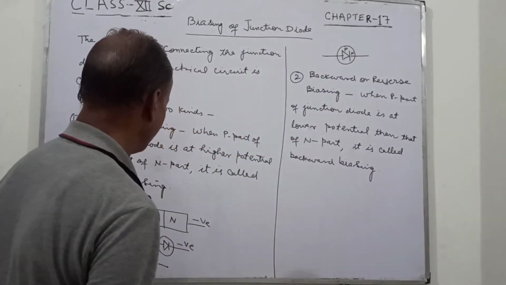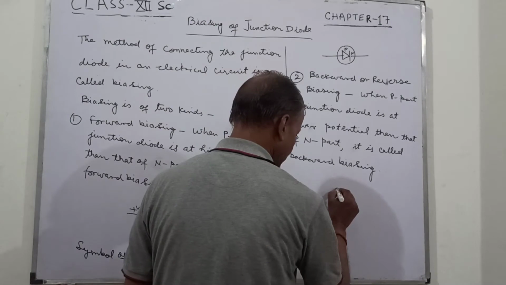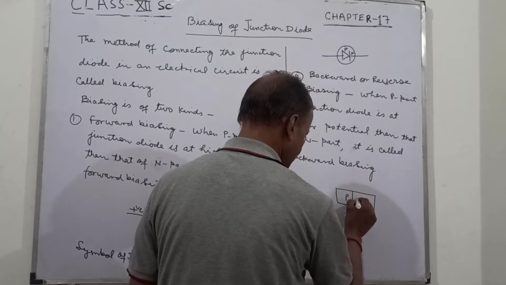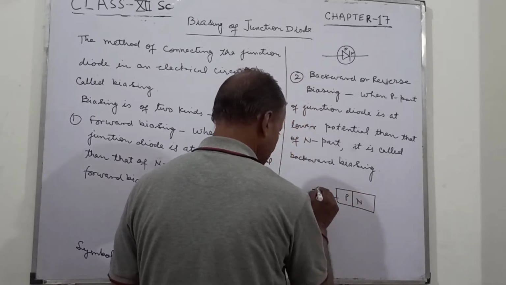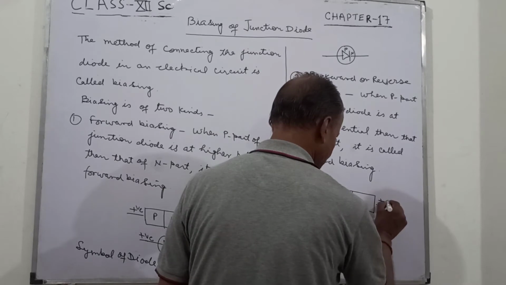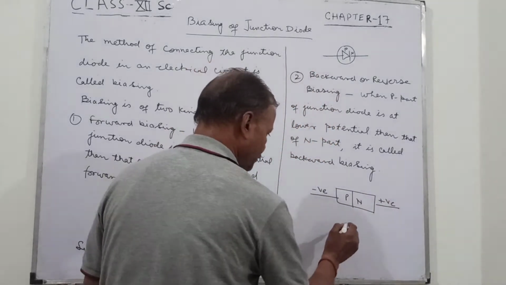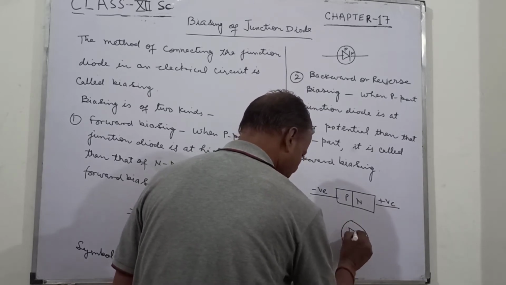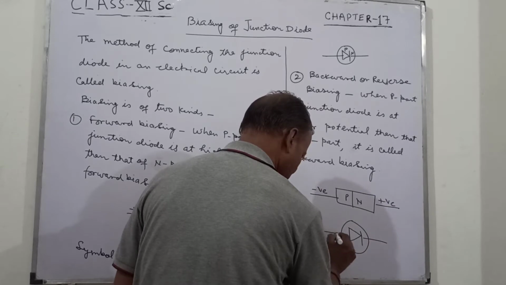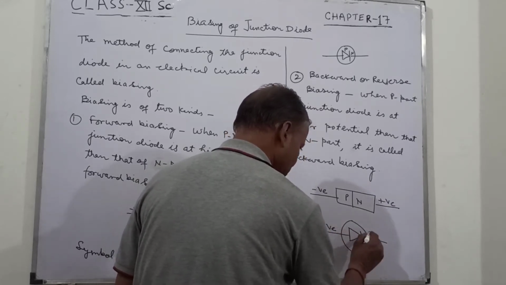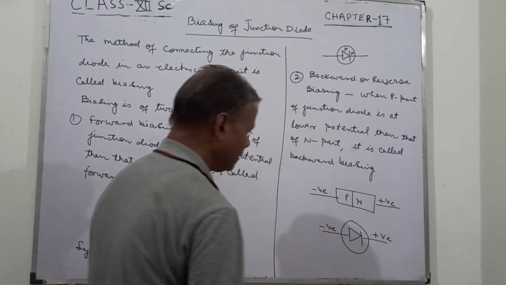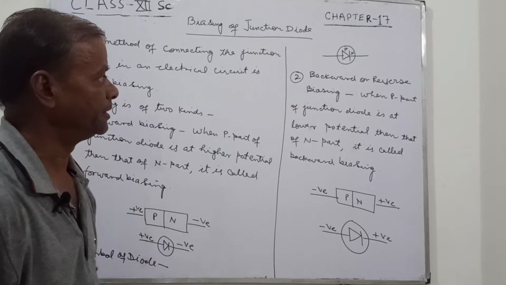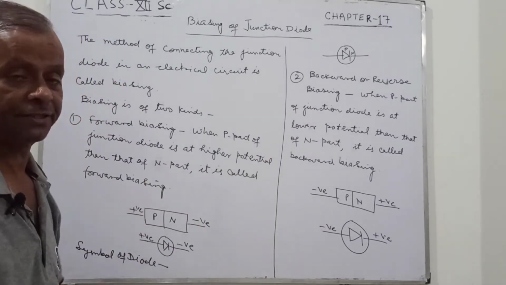Backward biasing. Suppose we have this crystal, this is P and this is N, and this is at negative potential and this is at positive potential. When this happens, we have backward or reverse biasing.